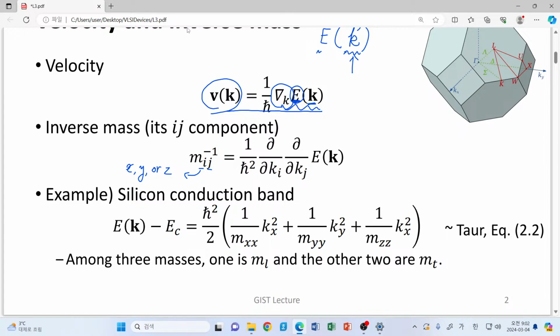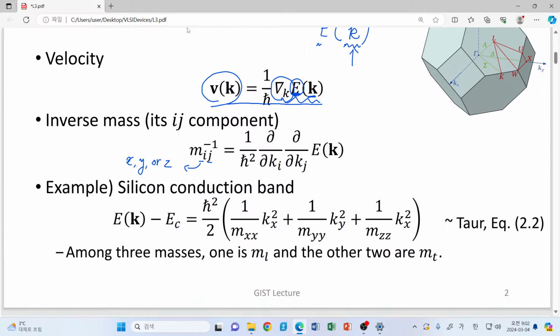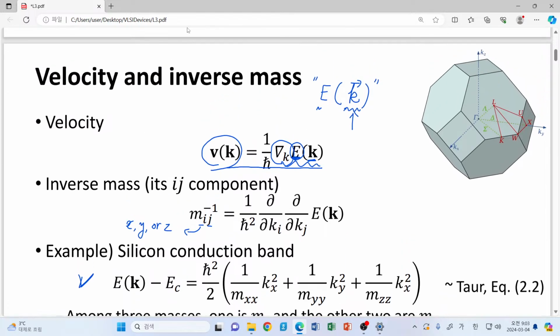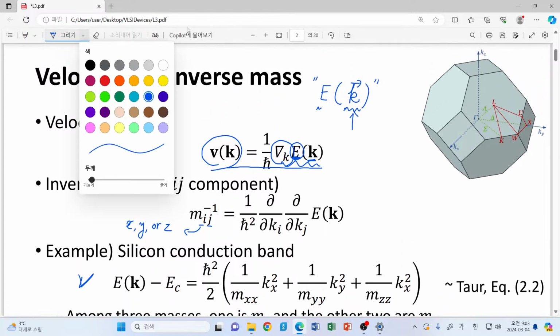For example, let's have a look at the silicon conduction band. Here you are looking at an expression for the silicon conduction band, and where can you find this EC? Let me just highlight it here. Sorry about that, I can see clearly now.